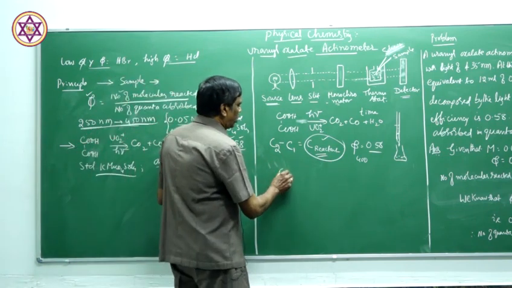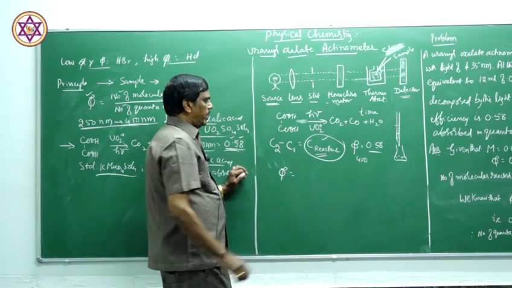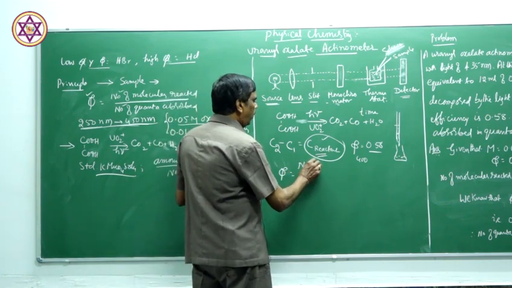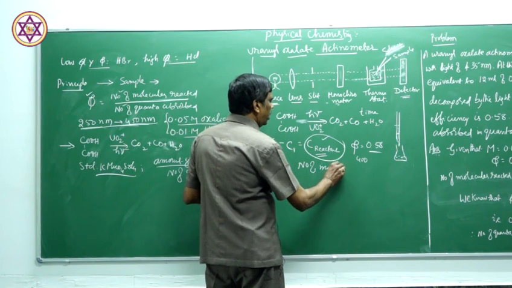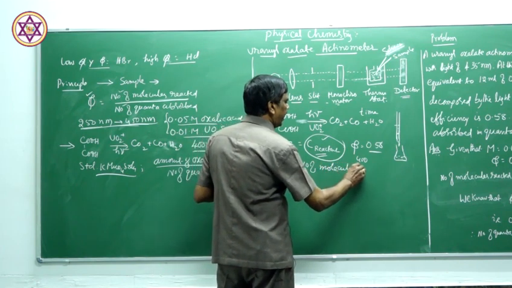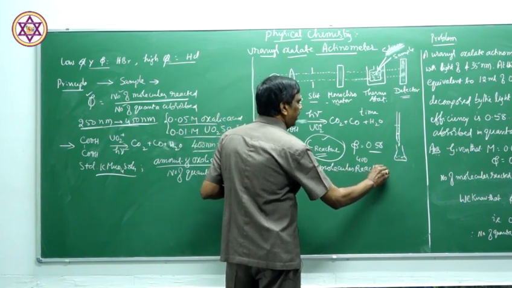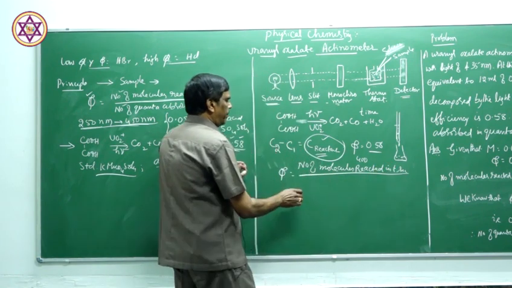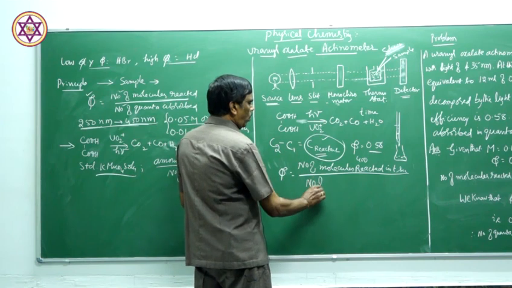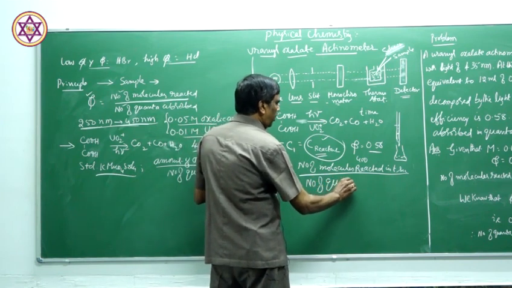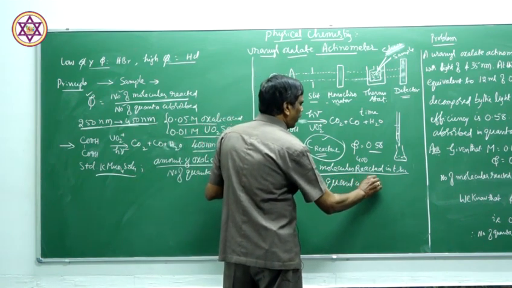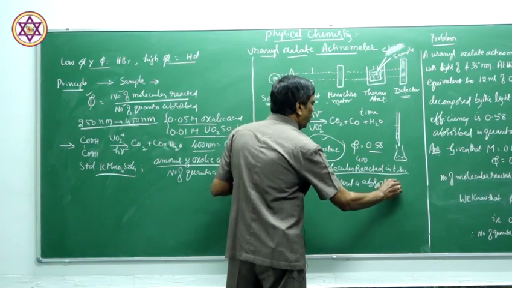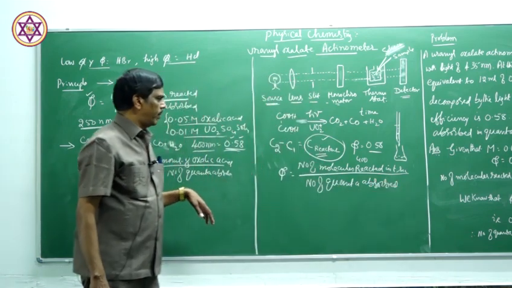Quantum efficiency is equal to the number of molecules reacted in time t seconds divided by the number of quanta absorbed.